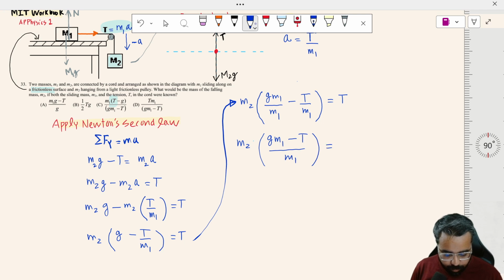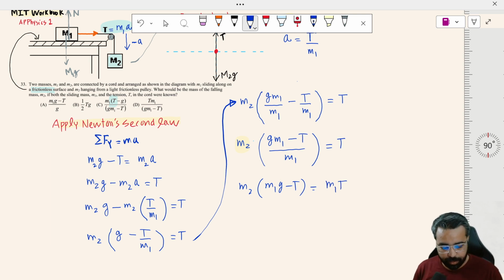We wanted to find the mass m2. So first of all, you can take all of these terms on the other side. It is in the denominator, so you can multiply m1 on both sides of the equation, and we will get m1T.